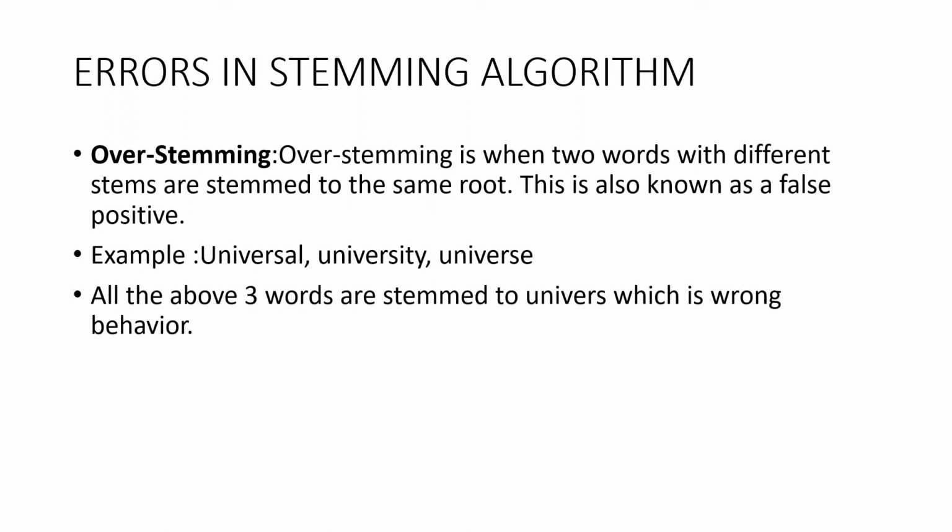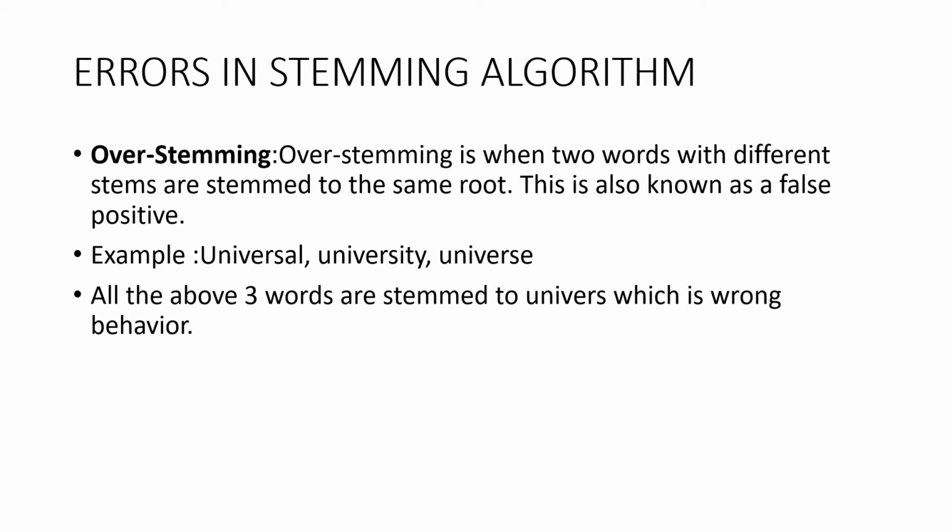Now, the errors in stemming algorithms. There are two types of errors that usually occur. One is overstemming. Overstemming is when two words with different stems are stemmed to the same root. This is known as a false positive.